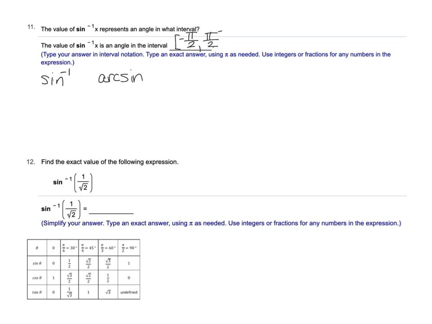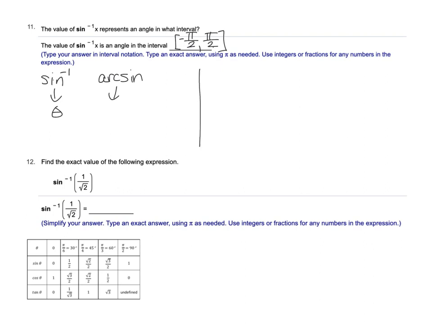That's the way it is restricted. That means whenever you see inverse sine or arc sine, your answer is represented by an angle. Your answer is going to be some kind of theta, and those angles are somewhere between negative pi over 2 and pi over 2.